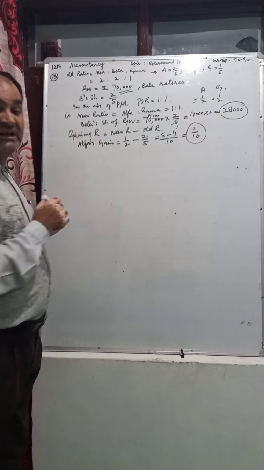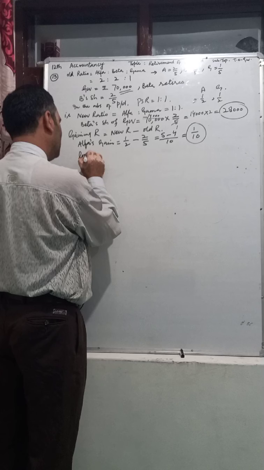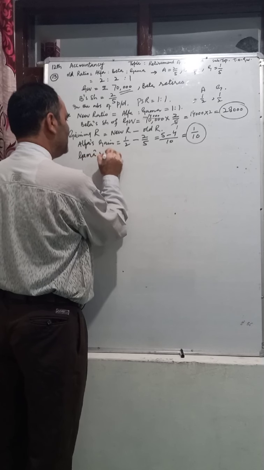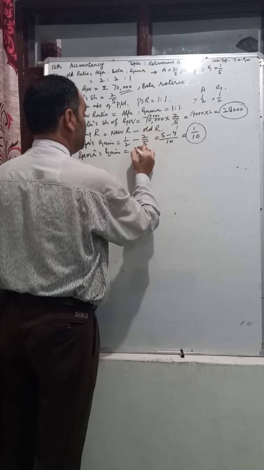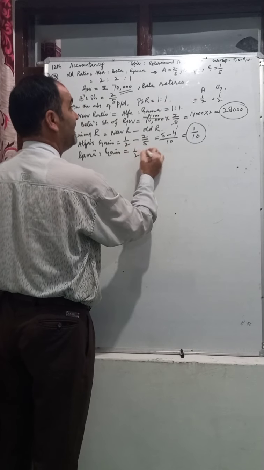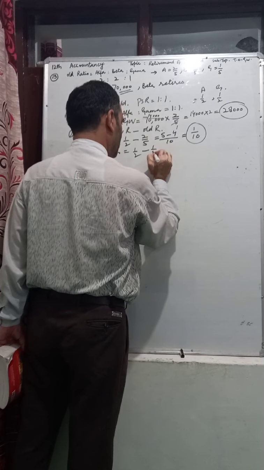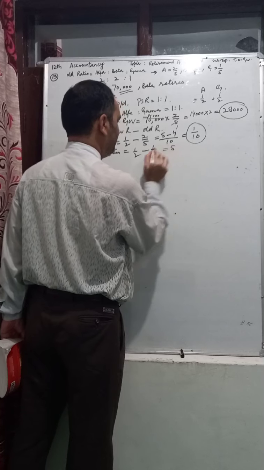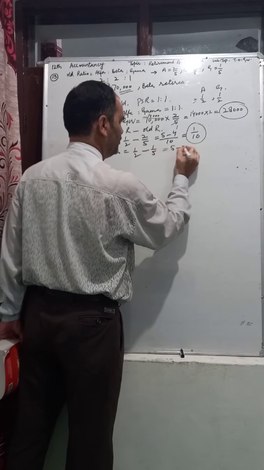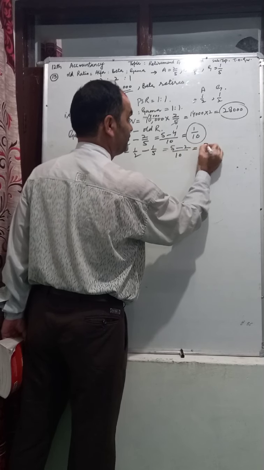Now, Gamma's gain. Next existing partner is Gamma. Gamma's gaining ratio is 1 by 2, new ratio of Gamma, minus 1 by 5, old ratio of Gamma, which is equal to, by cross multiplication, 5 ones are 5, 2 ones are 2, 5 minus 2 by 10, which is equal to 3 by 10.